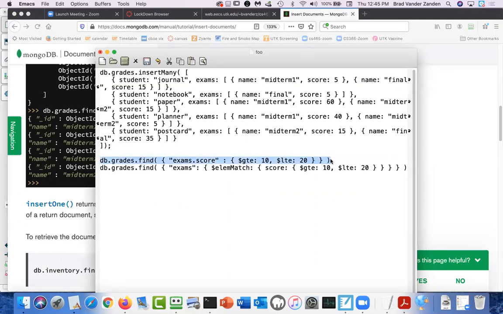It says that as long as there is one tuple that is greater than or equal to 10, and there is another tuple that is less than or equal to 20, it satisfies the query. So here, this student has one midterm where the score is in fact greater than or equal to 10, and they have another one where the score is less than or equal to 20.